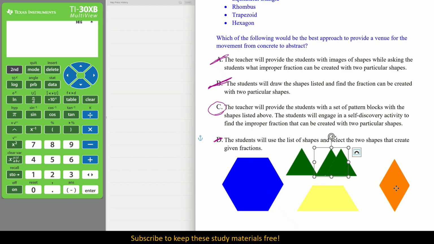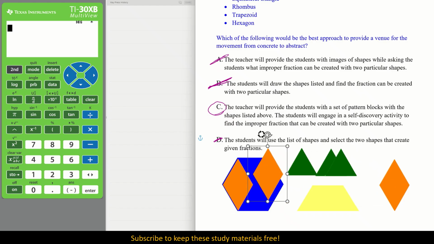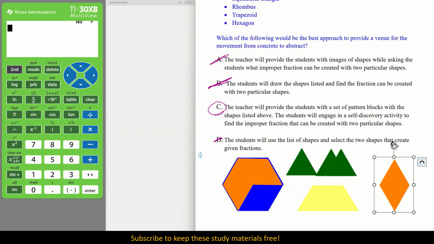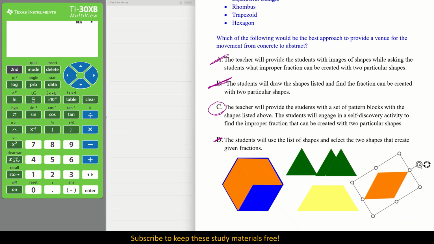And of course, this is your rhombus. So your rhombus, he's going to have to move in a way real quick where the students can see that you've got three, three to make one hexagon.